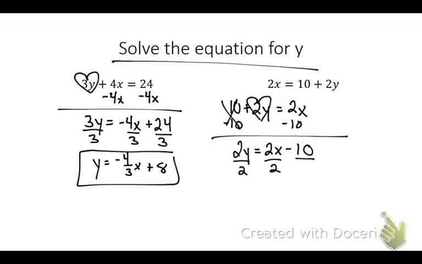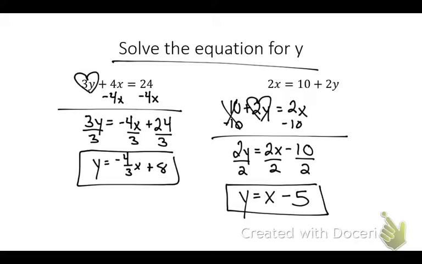Y equals x minus 5. If you said 1x minus 5, is that okay? Get this right, guys. You got to get this right on Friday. Guess what? We're going to review it again tomorrow, and I want 100% accuracy.